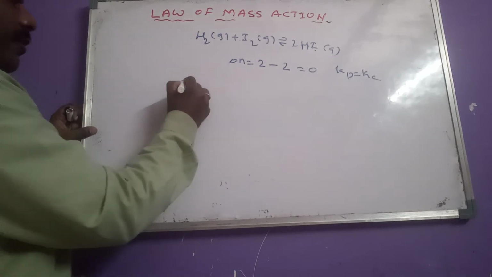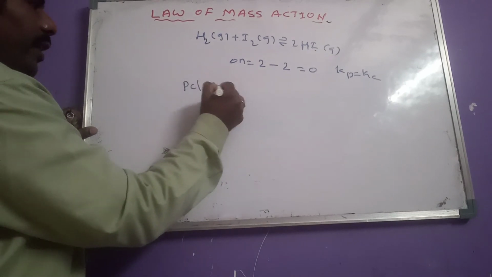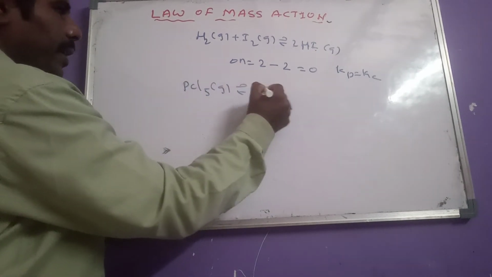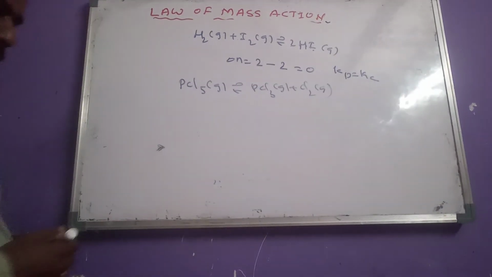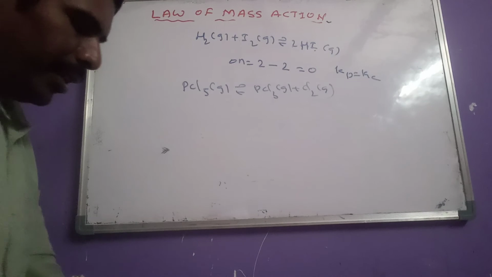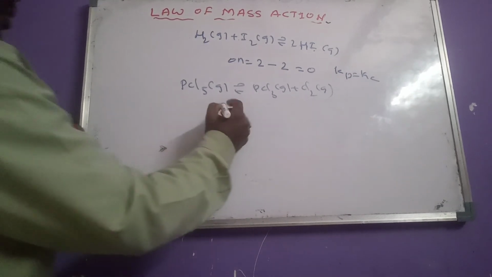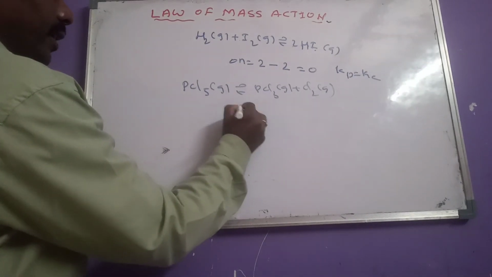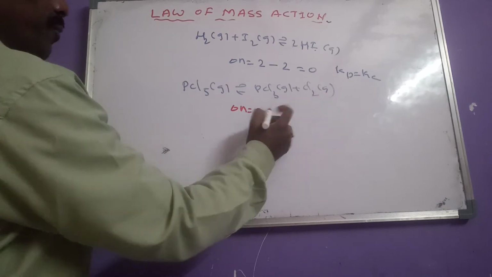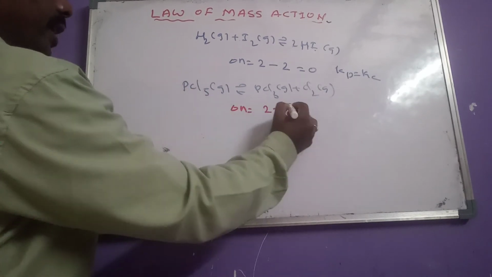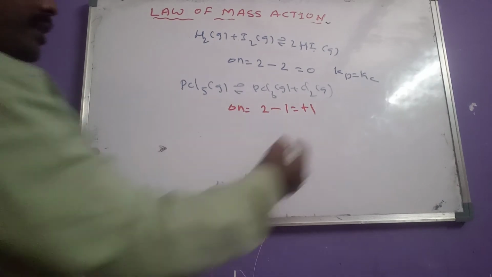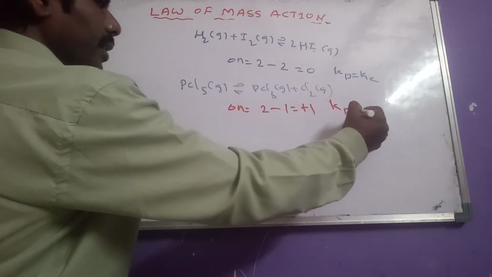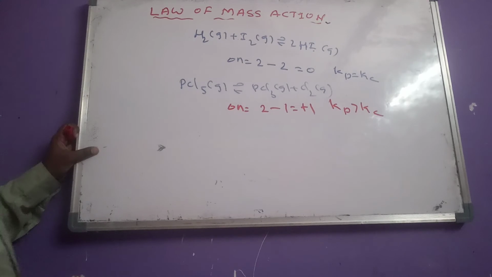Then another equation: PCl5 gas gives PCl3 gas plus Cl2 gas. Let us calculate delta N. 2 gaseous products, only 1 gaseous reactant. So delta N is positive, which means Kp is greater than Kc.